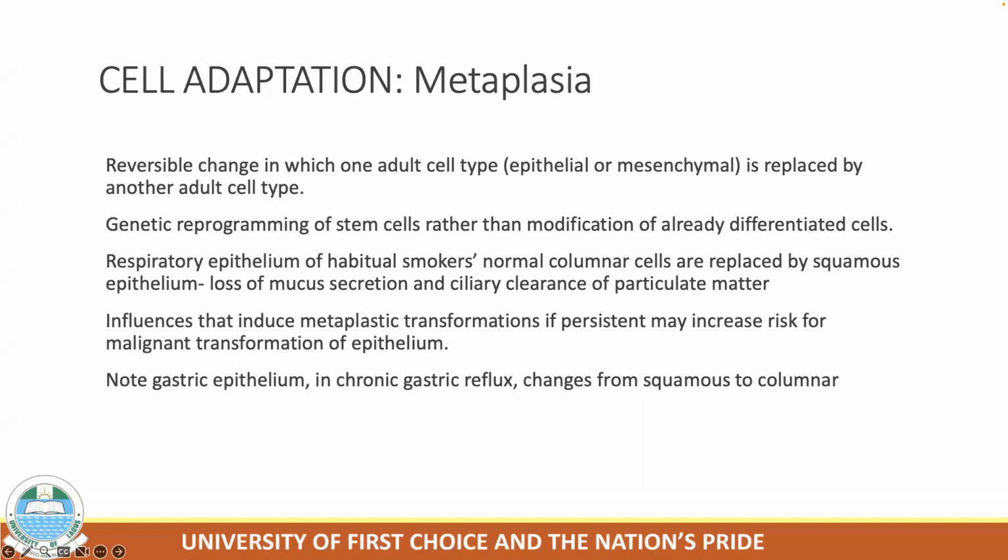And that usually happens in, for example, smoking adults, right? You can find genetic reprogramming of their stem cell. You can find a transmutation of those cell types as well.